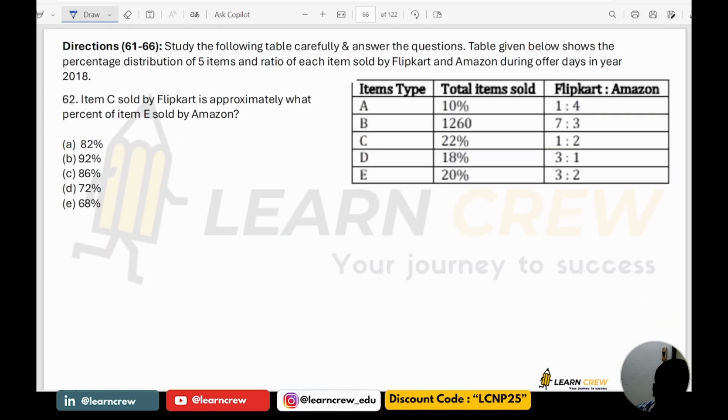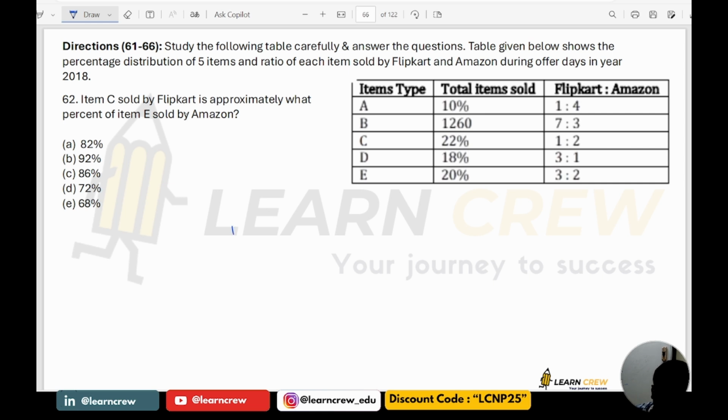Next, item C, sold by Flipkart is approximately what percentage of item E sold by Amazon? Item C sold by Flipkart is how much? 1260.